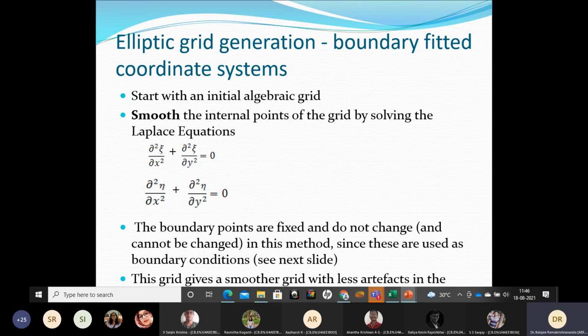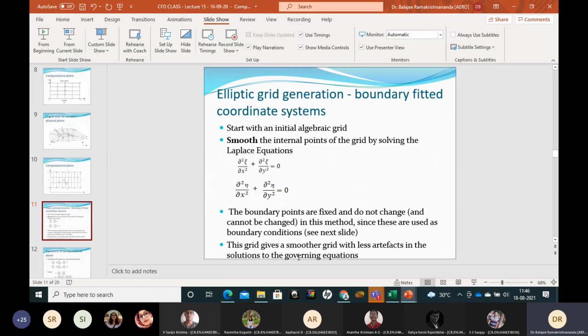Now these points we use as boundary conditions for solving the Laplace equations. So this gives a smoother grid with fewer artifacts in the interior, and when you solve the governing equations using this grid, you will get very little numerical error. That is the advantage of elliptic grids.